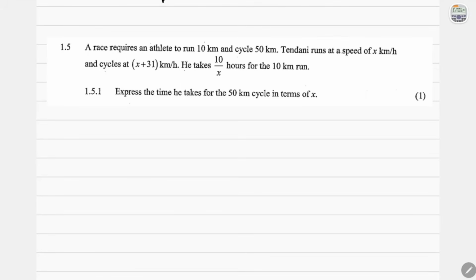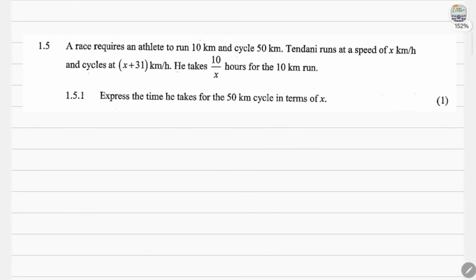Question 1.5 says, a race requires an athlete to run 10 kilometers and cycle for 50 kilometers. Okay, so run and then cycle. Tendani runs at a speed of x kilometers per hour and cycles at x plus 31 kilometers per hour.